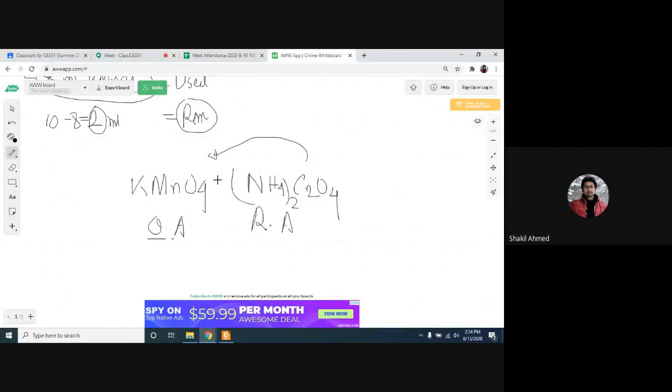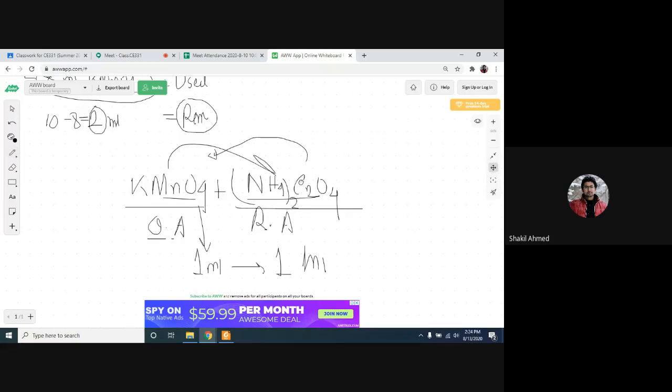So if you mix them, they cancel each other. Is it clear? Now you take their concentrations in such a way that 1 ml potassium permanganate can oxidize 1 ml ammonium oxalate.